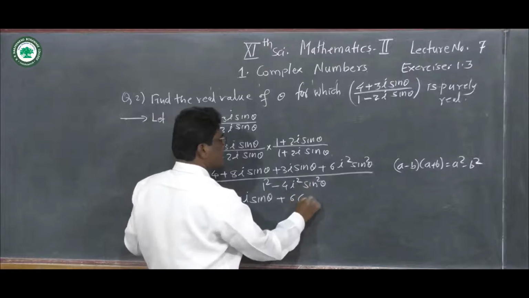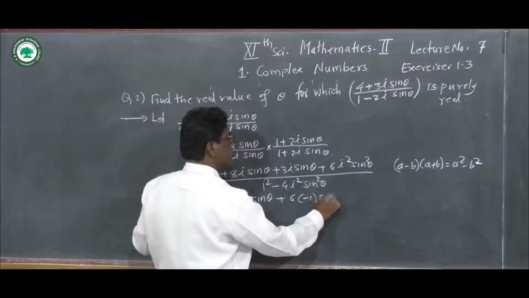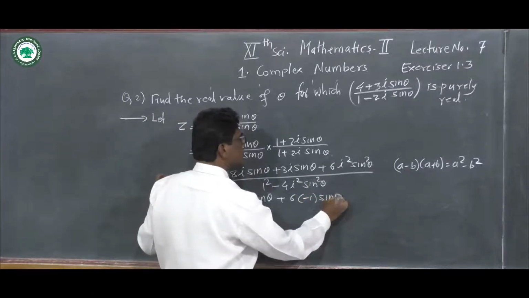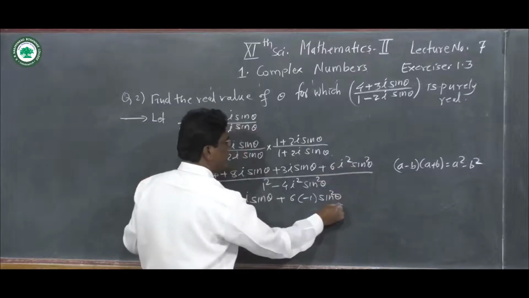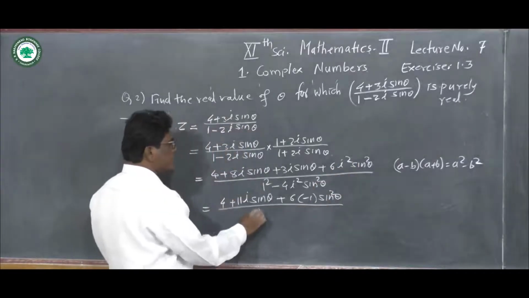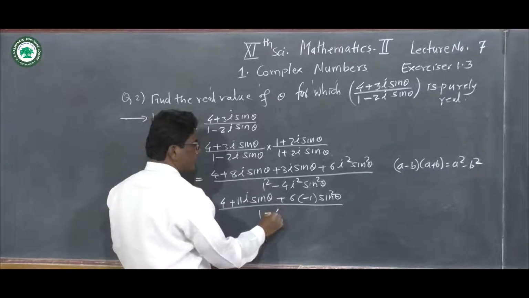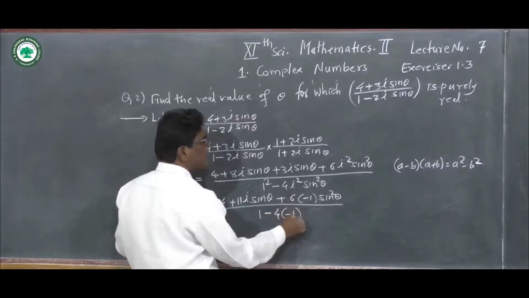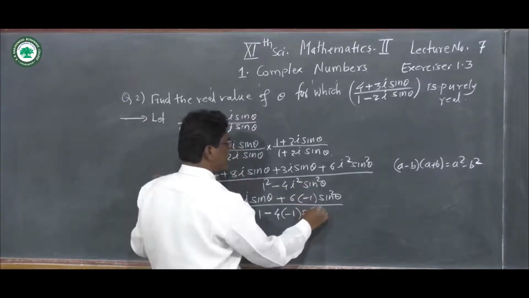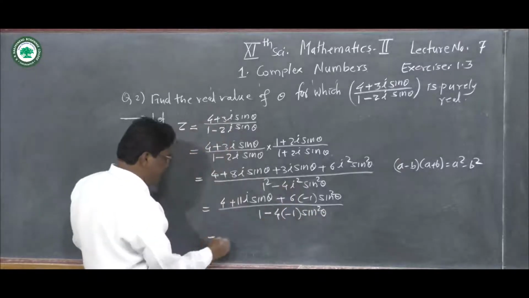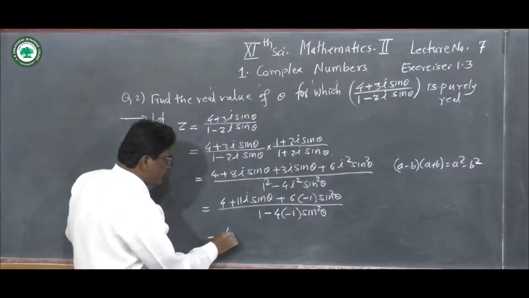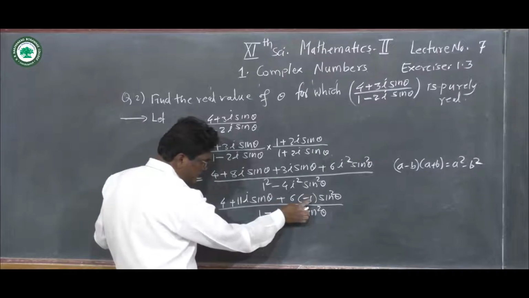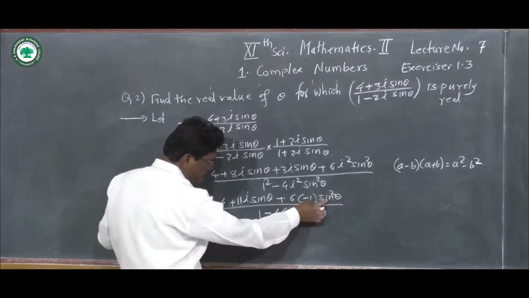This i square is minus 1, into sin square theta, divided by this 1 as it is, minus sign, then 4, here i square is minus 1 and sin square theta as it is. So we get 4, this plus and minus, 6 sin square theta.